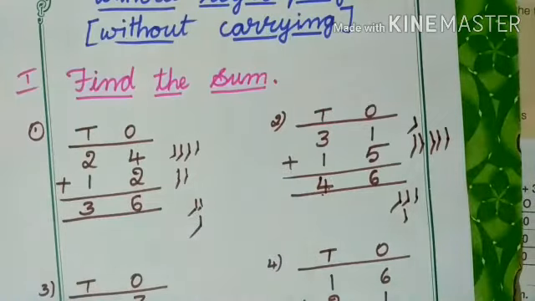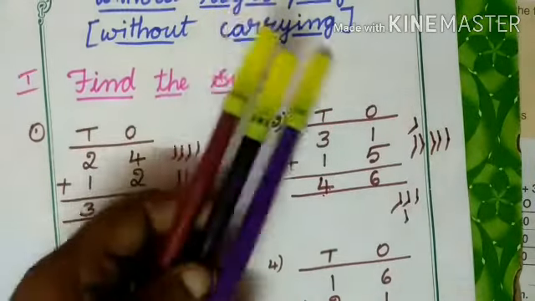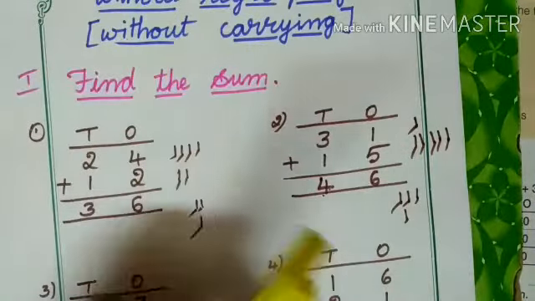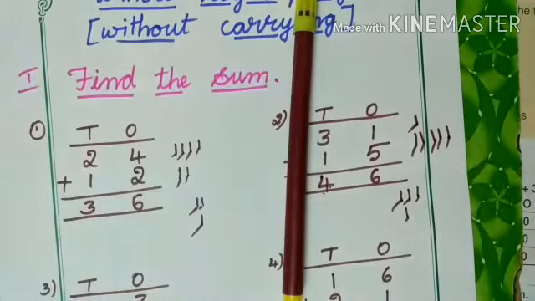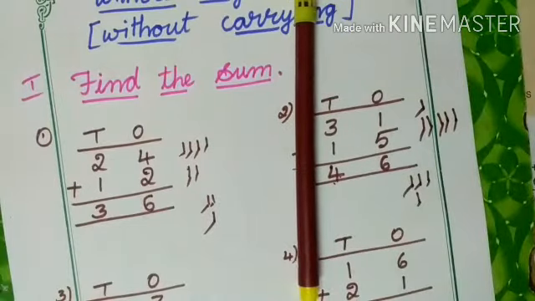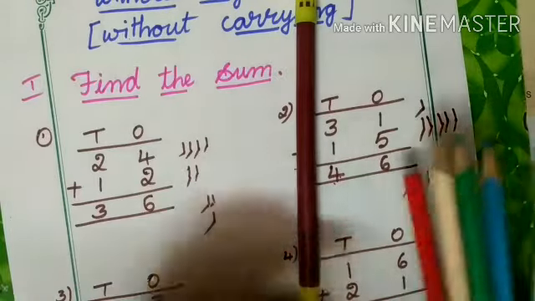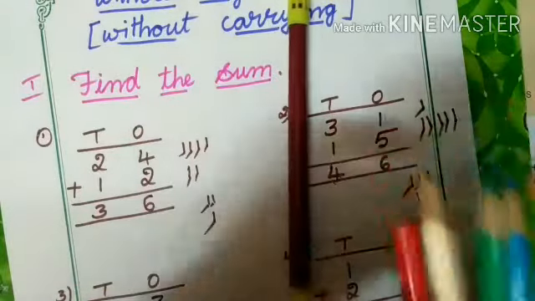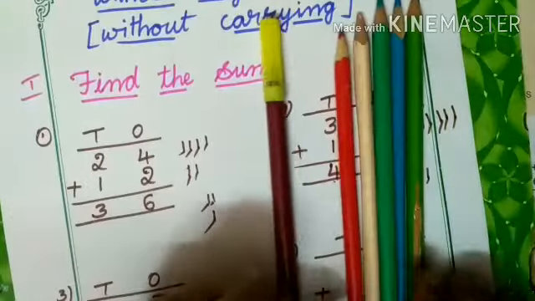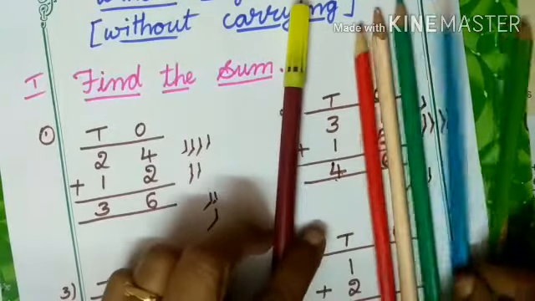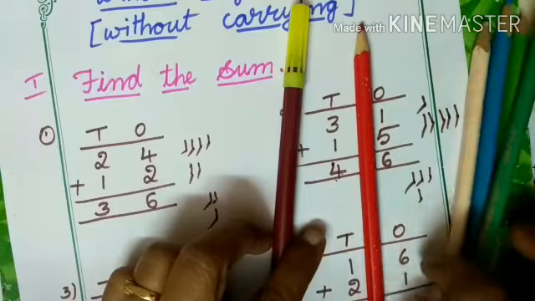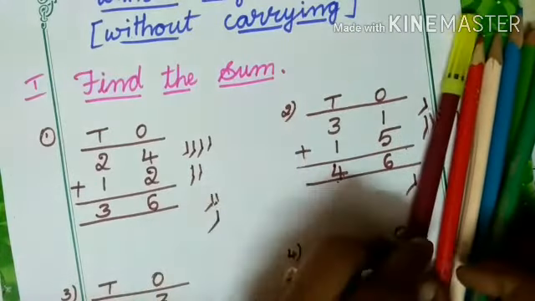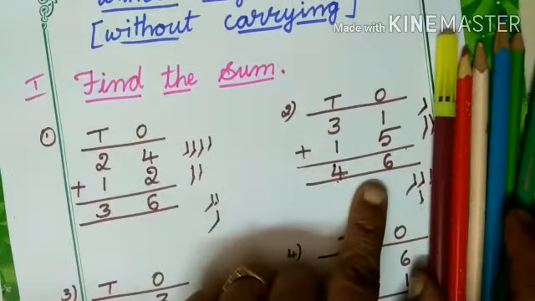Okay. Now we will count using counters. Here 3 pens. First we will count 1 pen and 5 pencils. How many are there total? 1, 2, 3, 4, 5, 6. 6 is the right answer.